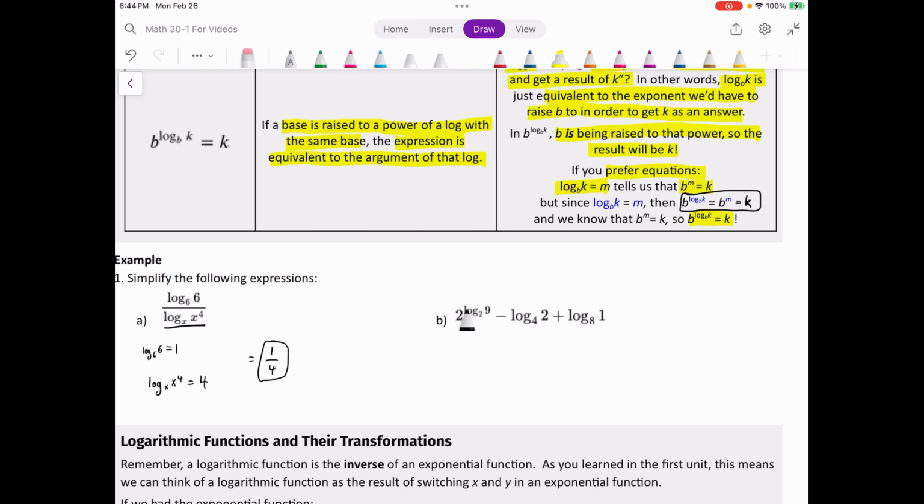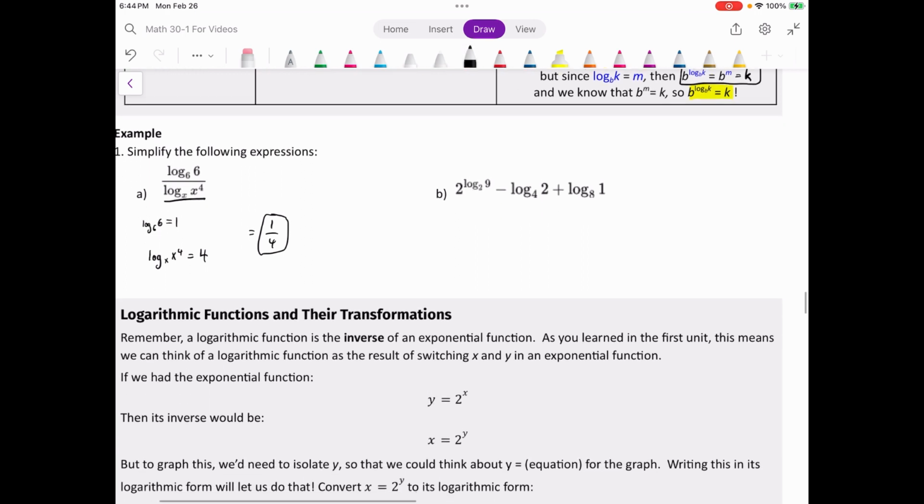This is the exponent we would have to raise 2 to in order to get an answer of 9. And 2 is being raised to that exponent, right? This is equivalent to whatever power 2 needs to become 9, and we're raising 2 to the power of that. So this must just equal 9.